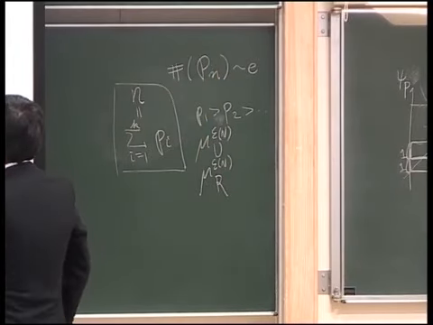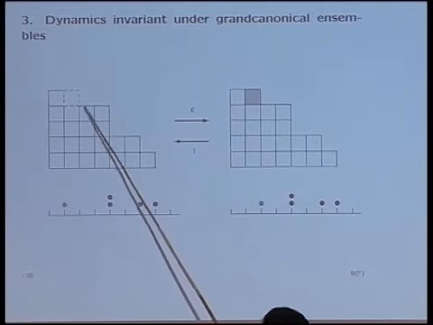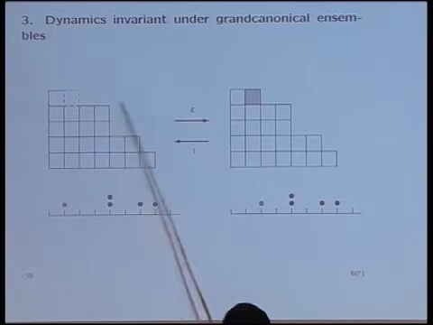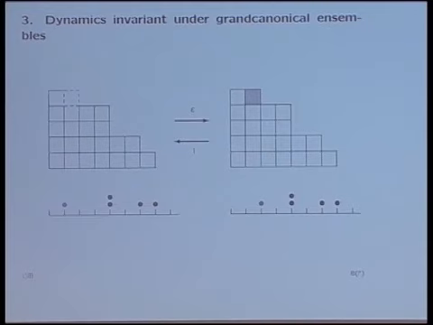Then each square at the surface may disappear, be eliminated with rate 1, or be created with rate epsilon. Then we can show that such random dynamics has these measures as invariant measures.